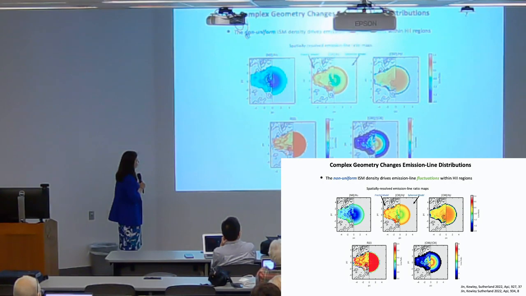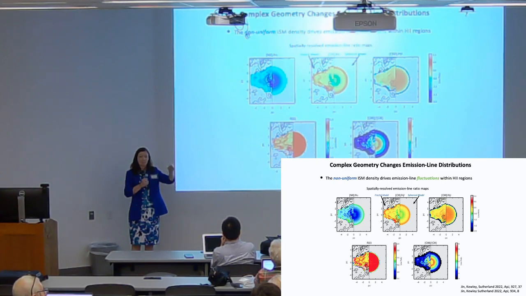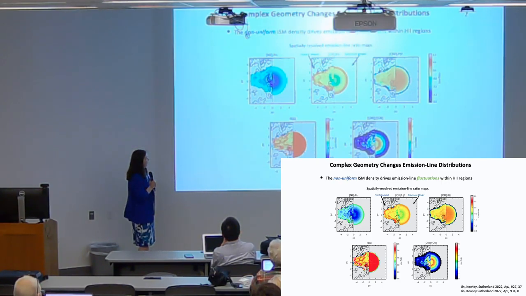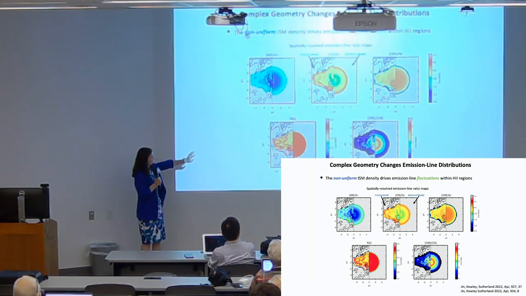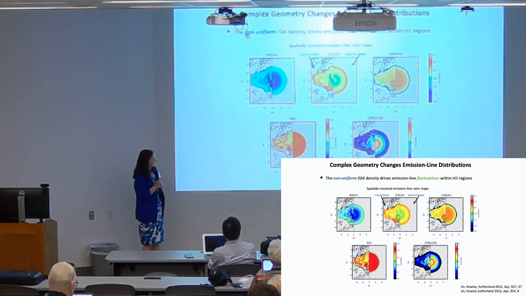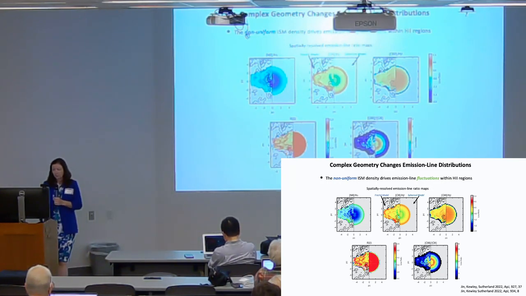And one thing that is really important to point out is that specific emission lines are produced in the edge of the nebula, and so it actually increases the perimeter, or the regions at which some emission lines are actually produced. And the bottom two panels are metallicity sensitive lines, so R23, and we've got an ionization parameter sensitive line ratio, oxygen 3 and oxygen 2. And again, the distributions are wildly different from the spherical case.